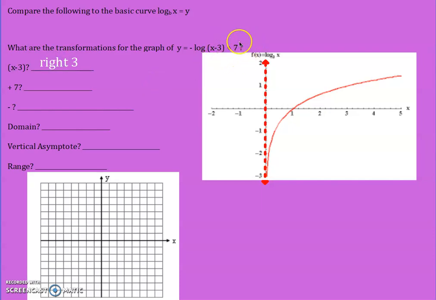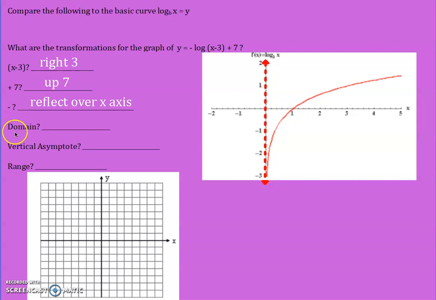What about that plus 7 on the outside? It moves that graph up 7 because it affects y and it does what we think is logical. So what about that negative in front of the log? It's negative on the outside. It's affecting your y value. When it affects your y value, the negative on the outside actually reflects over the x-axis.